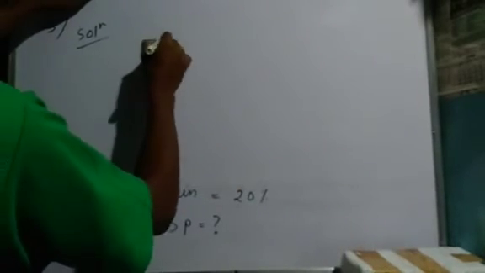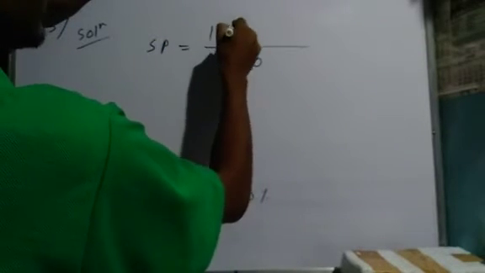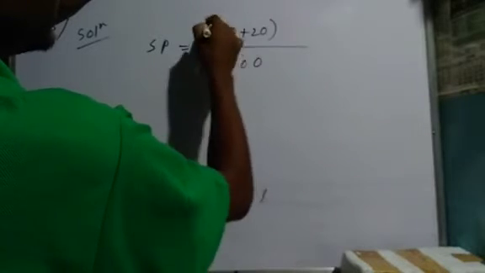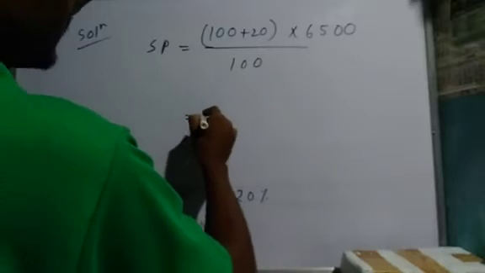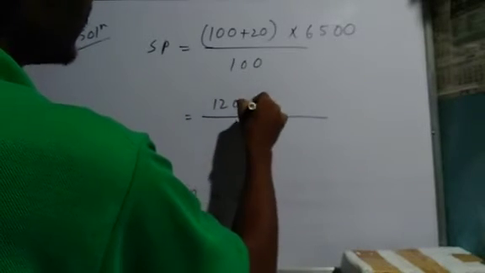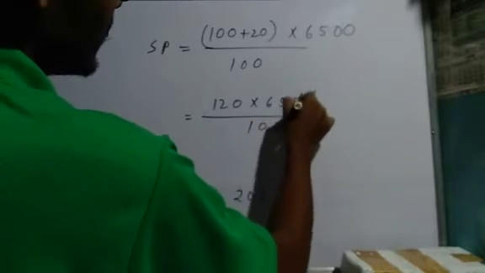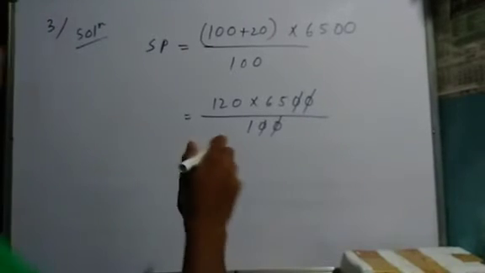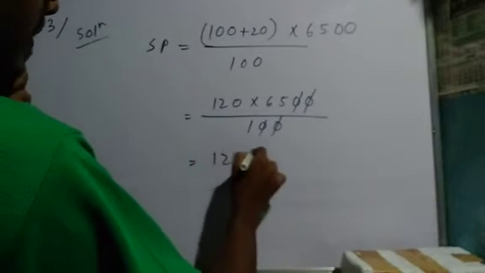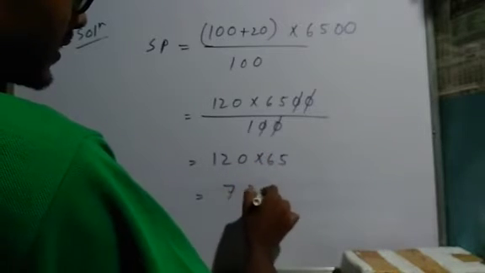Now use the SP formula: 100 plus profit 20, multiplied by CP, divided by 100. So 120 multiplied by 6500, by 100. Cancel 00. So 120 multiplied by 65 will be 7800.